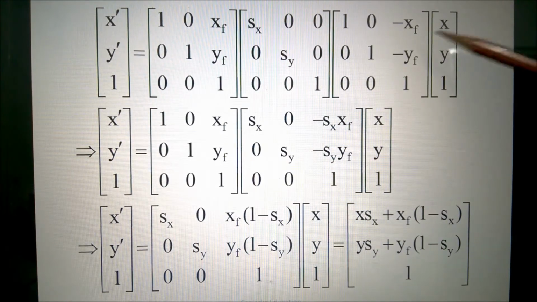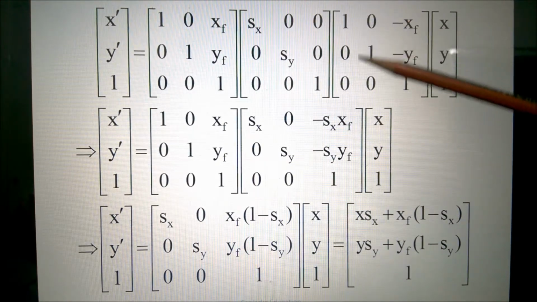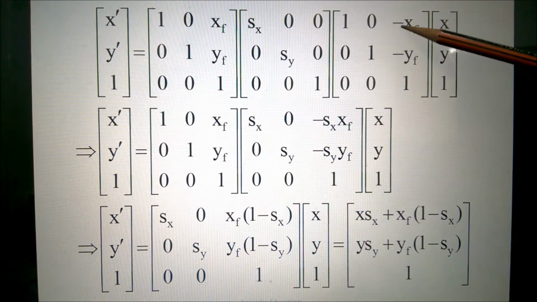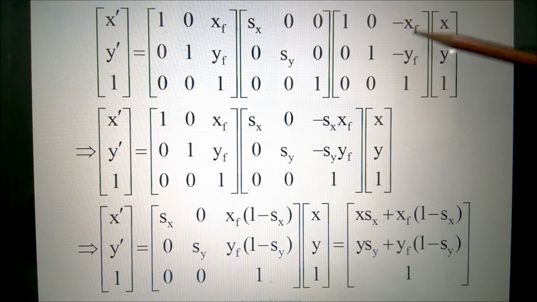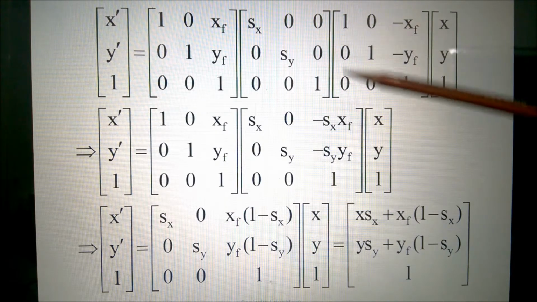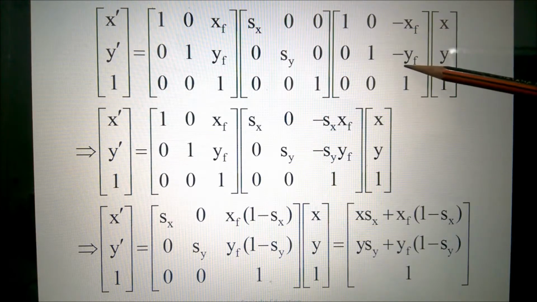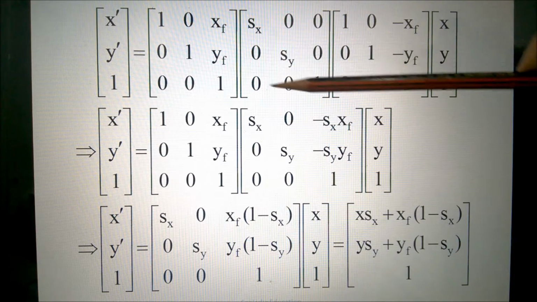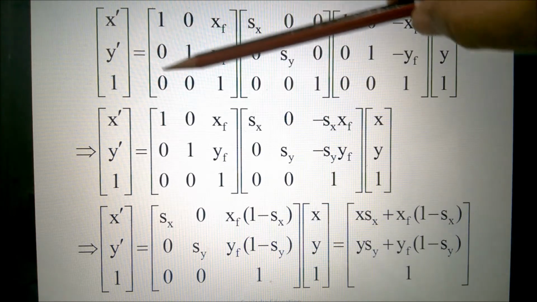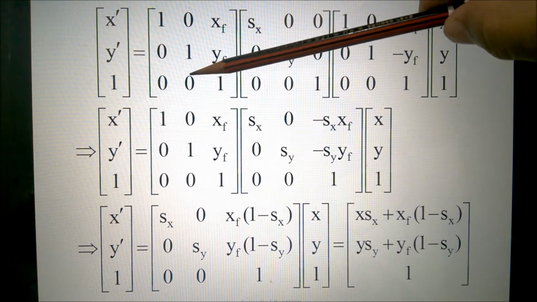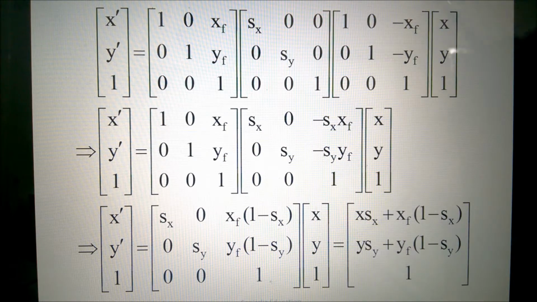In the first transformation matrix, translation is happening. We are moving from the original xf and yf to the origin. After that we are scaling. Then in this matrix, we are moving it back to its original position, the original coordinate of that point.